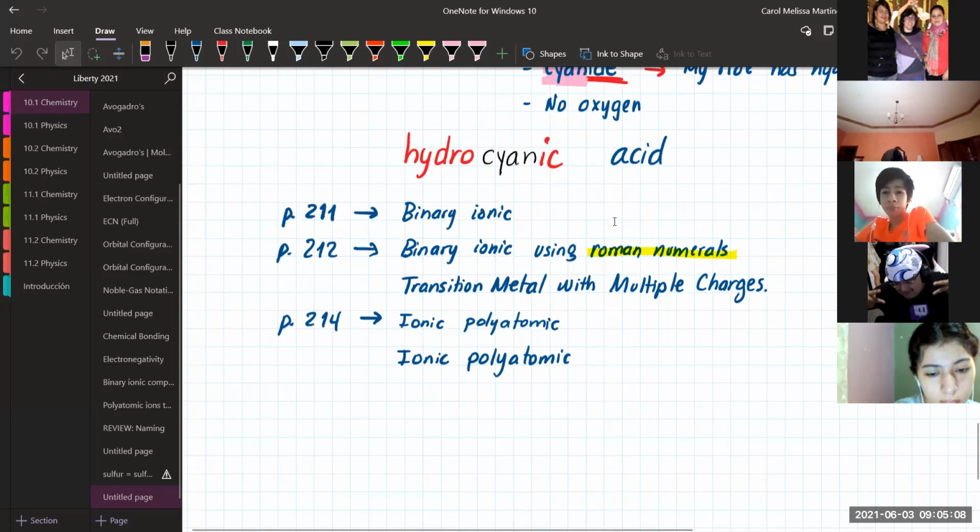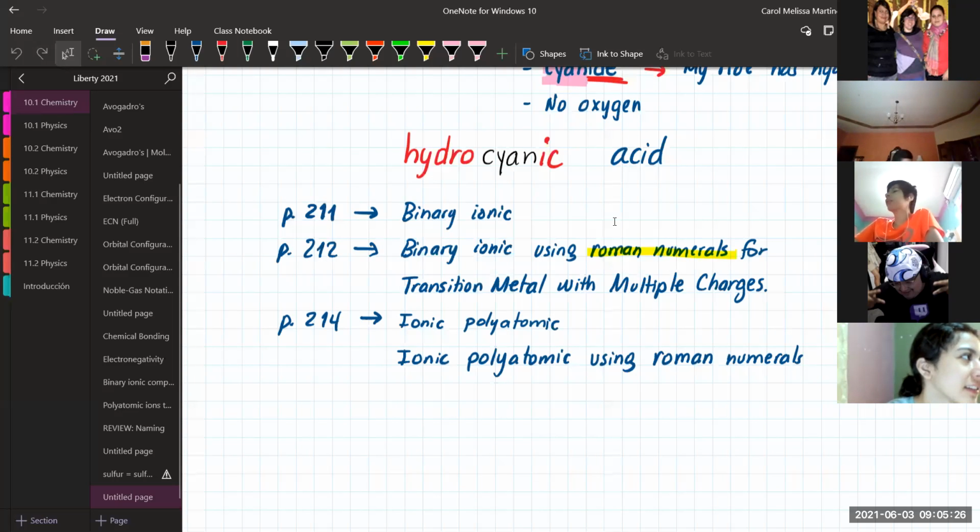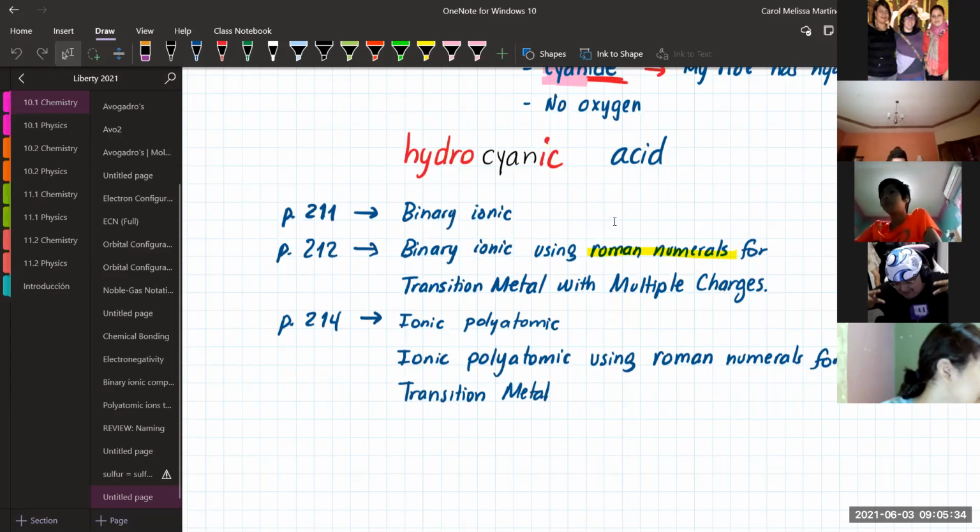So the topics are two on this page: ionic polyatomic and ionic polyatomic using Roman numerals for transition metals with multiple charges.